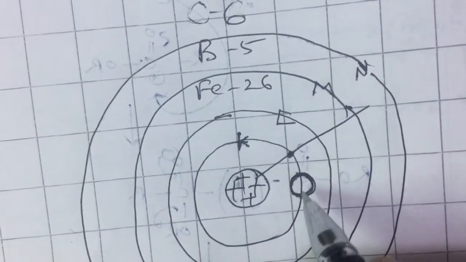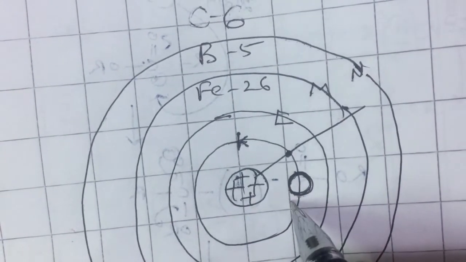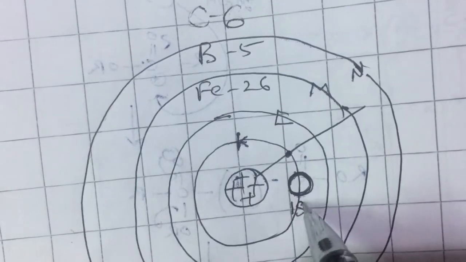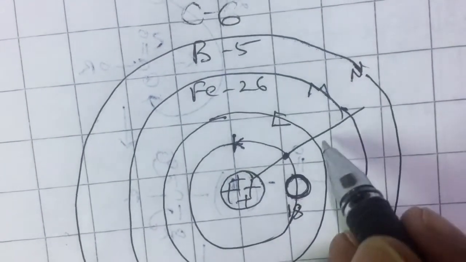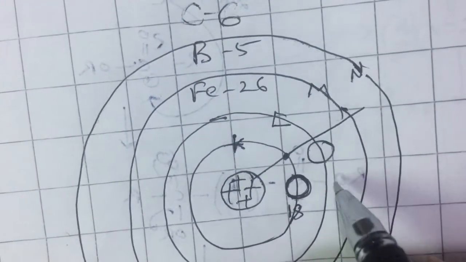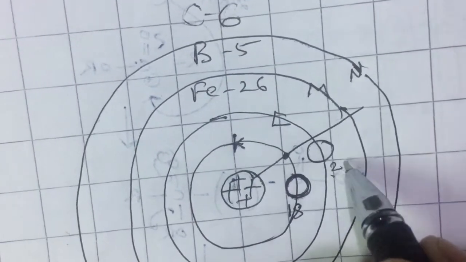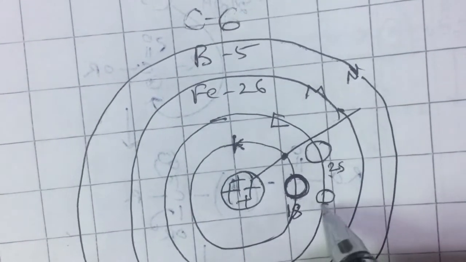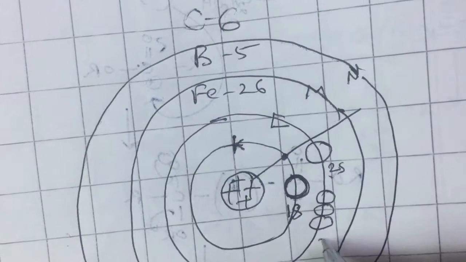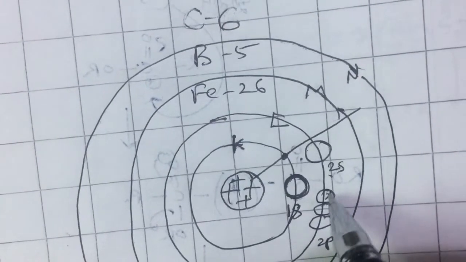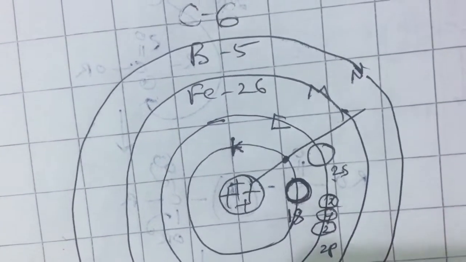Level 1 has only one type of orbital, called the 1s orbital. Level 2 has two types of orbitals, that is the 2s orbital and a set of three 2p orbitals. I call them 2px, 2py, 2pz.